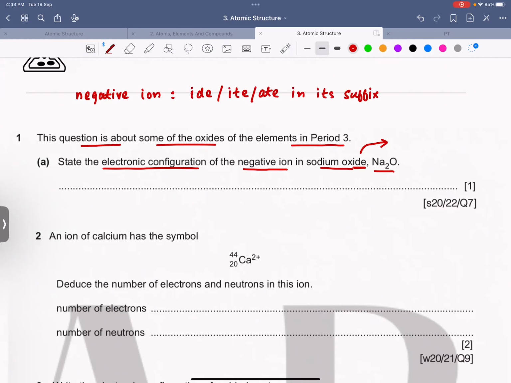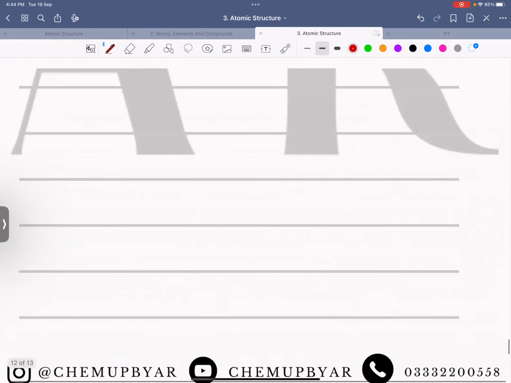Okay, is this clear? So we just did over here in the question that you have attempted. What is the charge on oxygen? Just check the last task you guys did. Check what is the charge on oxygen in this task. There is an oxygen element. 2 minus. 2 minus, right?